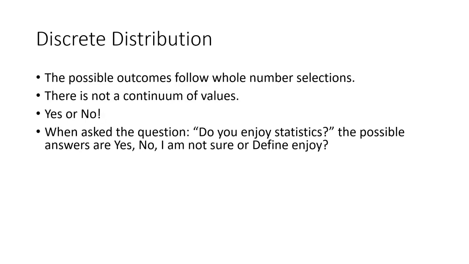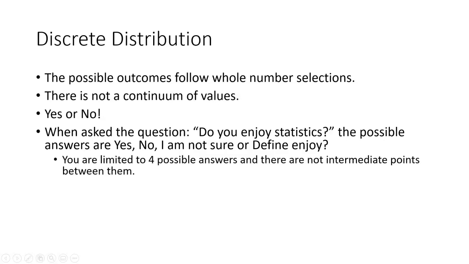When asked the question, do you enjoy statistics? The possible answers are yes, no, I'm not sure, or I definitely enjoy them. You actually may have some others in there that you wish to express. You are limited to 4 possible answers, and there are no intermediate points between them. This therefore limits how you analyze this.